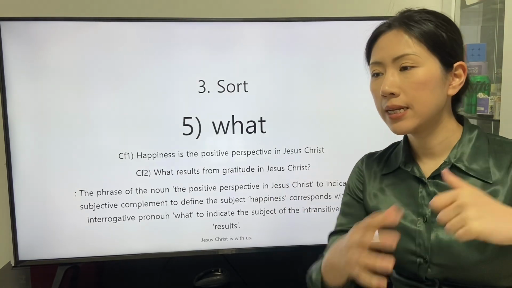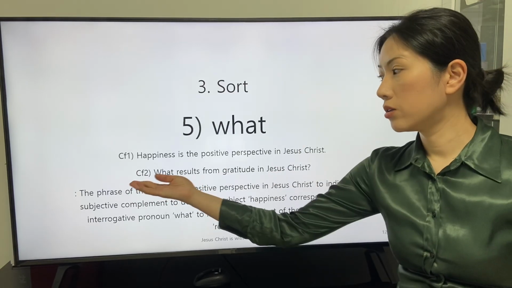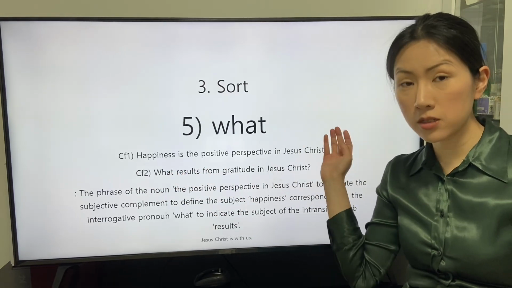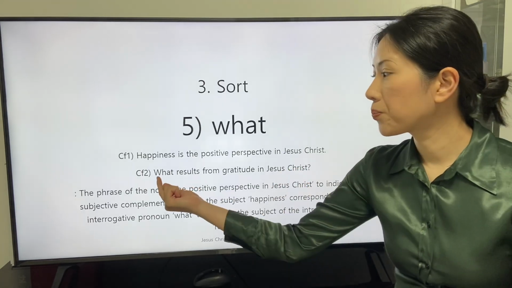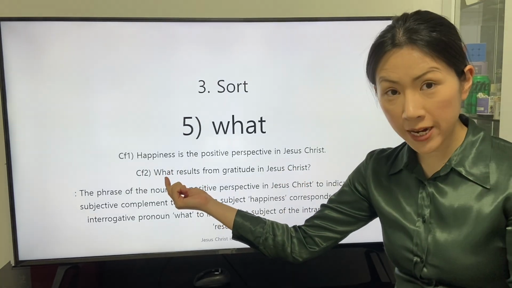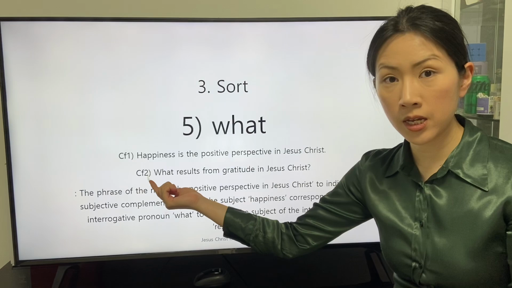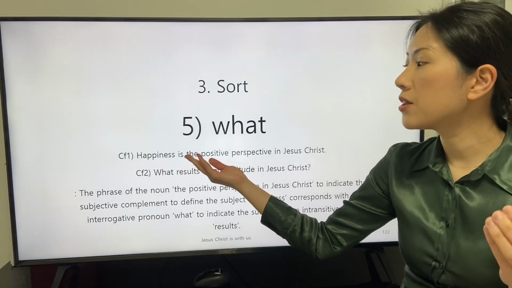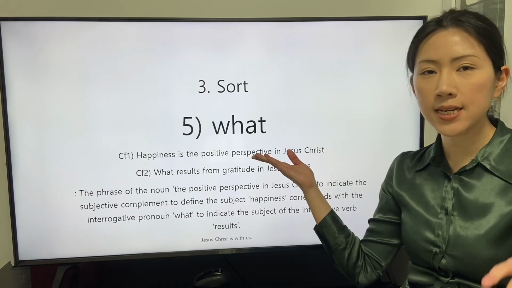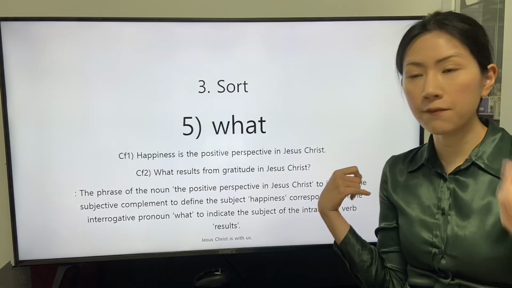The speaker links the subordinate clause to the main clause because the speaker figures out the subject indicated by the interrogative pronoun what corresponds with the subjective complement in the first sentence.